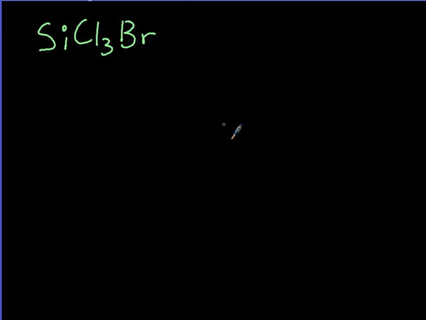The last one I'll do is SiCl3Br, which is actually a pretty easy one. Silicon, right under carbon, has 4 valence electrons. Each chlorine has 7, and bromine also has 7.